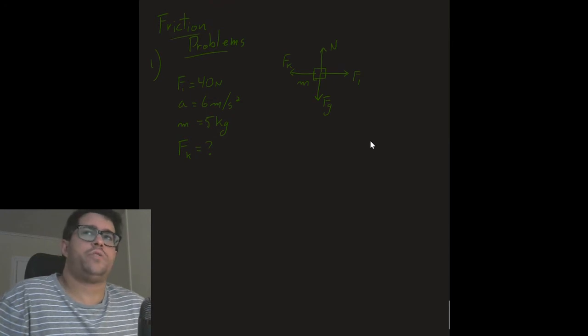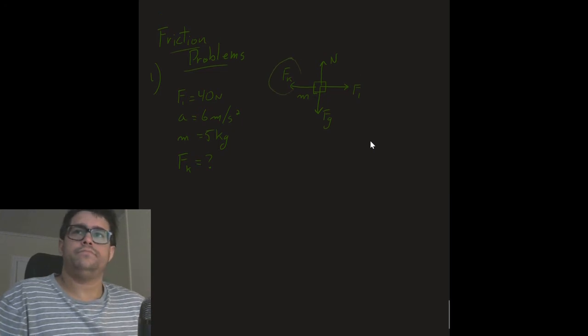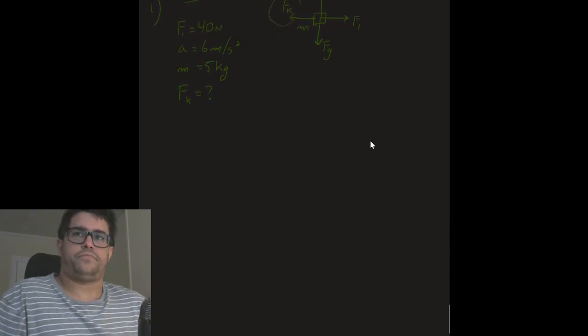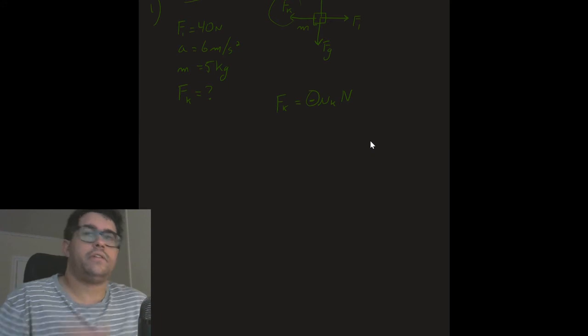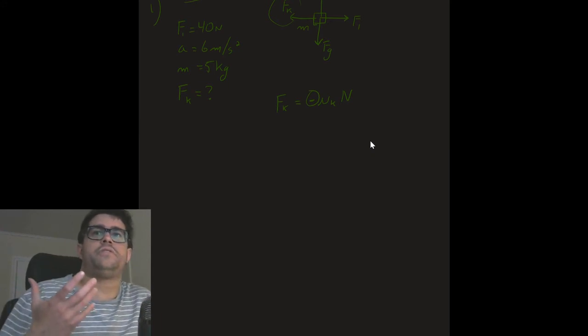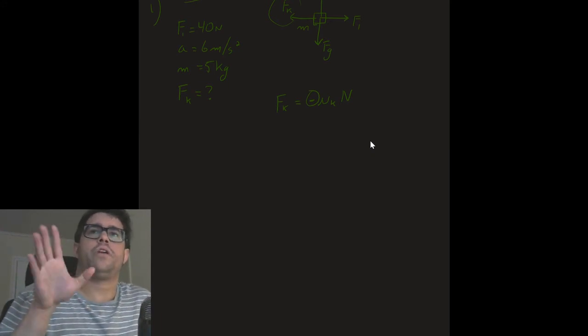So here we want to ask the same questions we did prior. We want to know what Fk is. In order to know Fk, there's a formula for Fk, right? Minus mu k n. Notice that the official definition is minus mu k n.